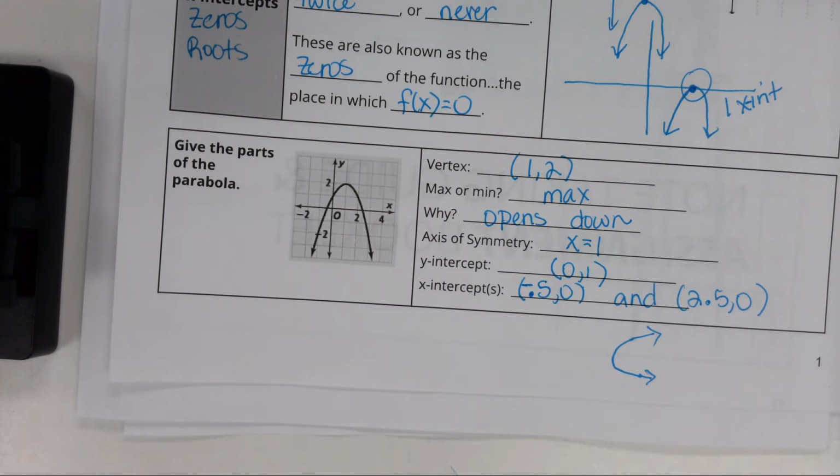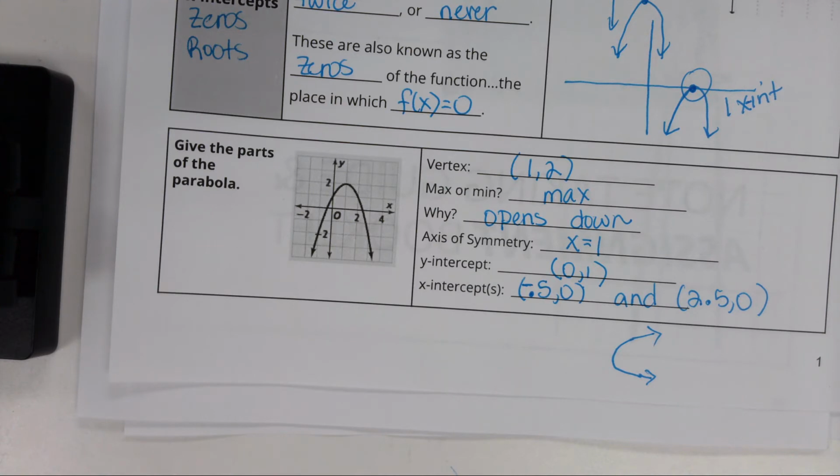Okay, that's what I got. So I got 1, 2 for the vertex. It's a maximum. Max is, hopefully you know my abbreviation for maximum.